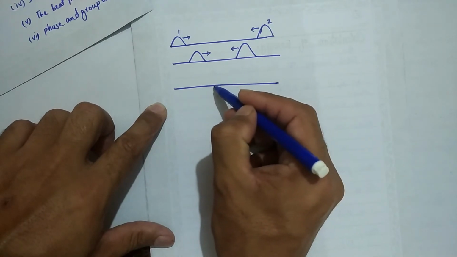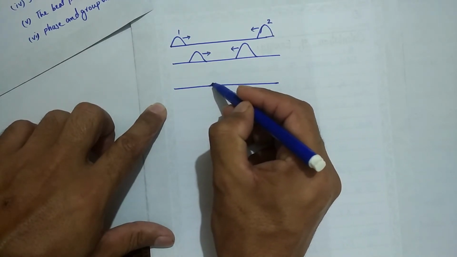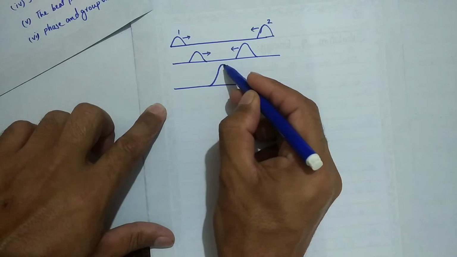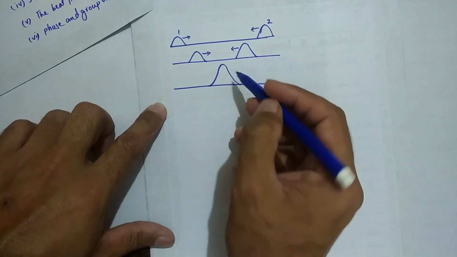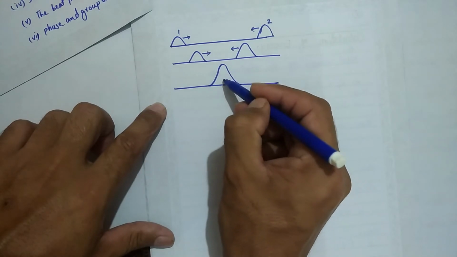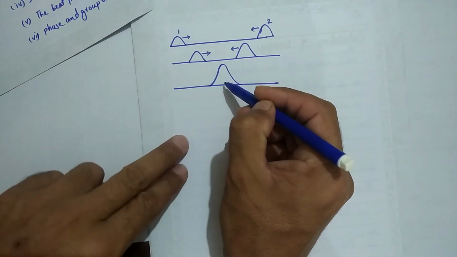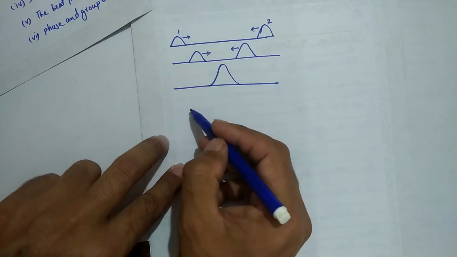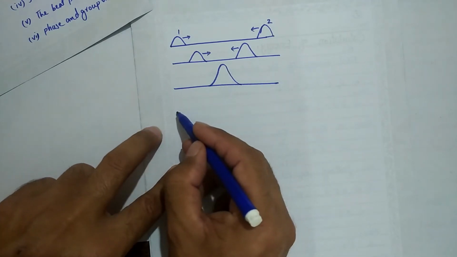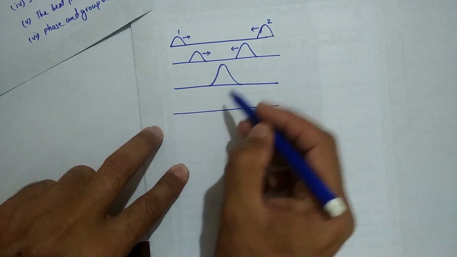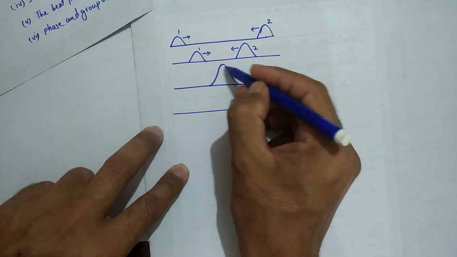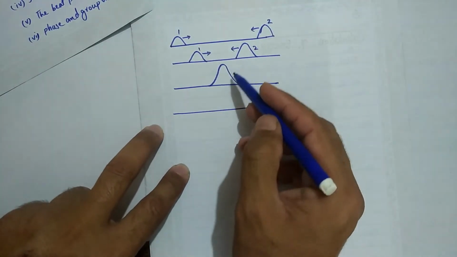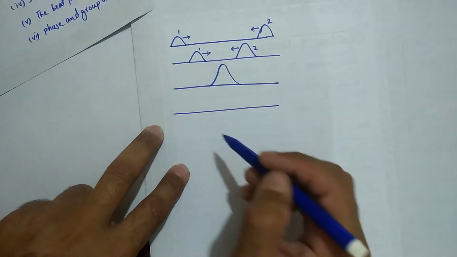At that point, both will overlap each other and a combined effect will be produced. So at this point we say that the superposition has taken place. After passing through this point, this is the second pulse, this is the first pulse, and this is the net effect produced by the superposition of these two pulses.